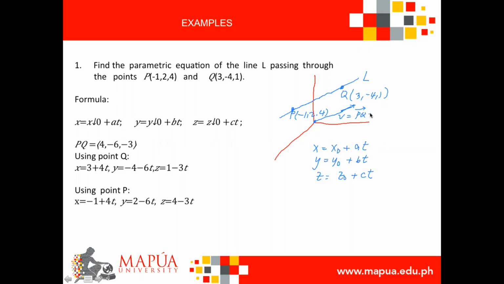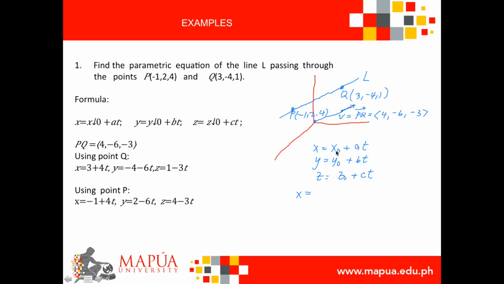In getting vector PQ, we define the components as the terminal point, point Q, minus the initial point, point P. So we have 3 minus -1, that will be 4. Then -4 minus 2 is -6. Then 1 minus 4 is -3. With that, we can now define the parametric equation of the line.